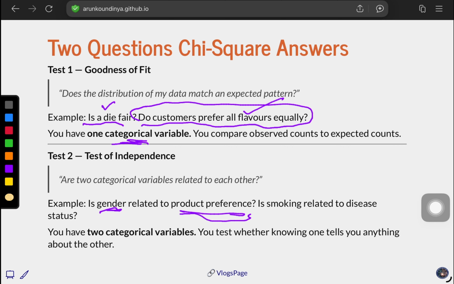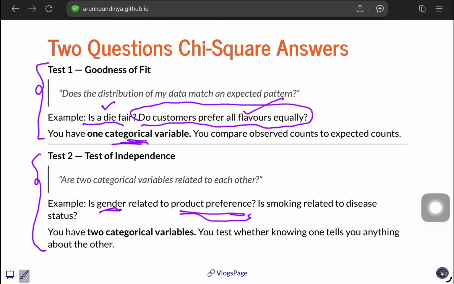Usually it is expected that the counts are very different, but ideally we have to use a chi-square test to establish statistically that it is different. So that's where you will use either the test of independence or the goodness of fit test. This is most fundamental in any of the comparisons.